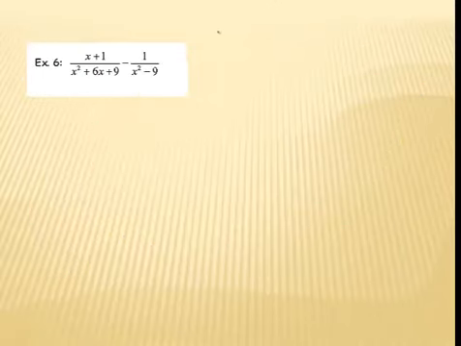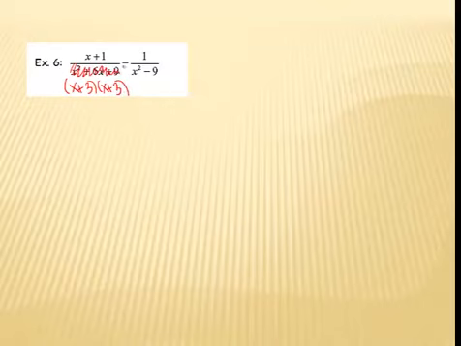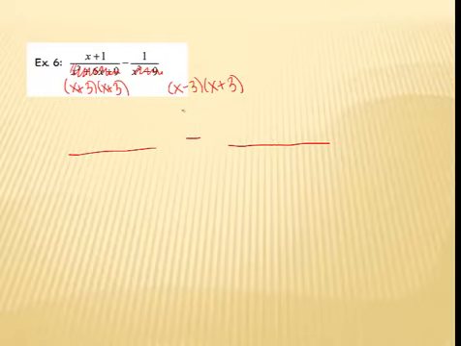All right, let's look at this one. Step 1 is to factor the denominator to see what we're dealing with. All right, now let's try to get a common denominator. Well, if I look closely, I've got 2x plus 3.